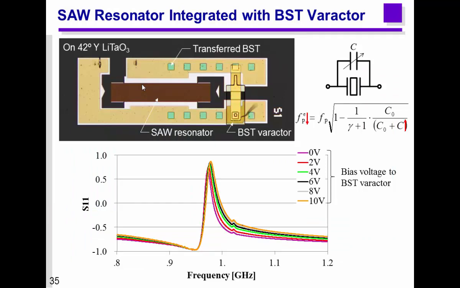This is a single resonator and a single varactor. As theory teaches, the anti-resonance frequency changed by applying the bias voltage to the varactors. You can see clearly the anti-resonance frequency is changing.